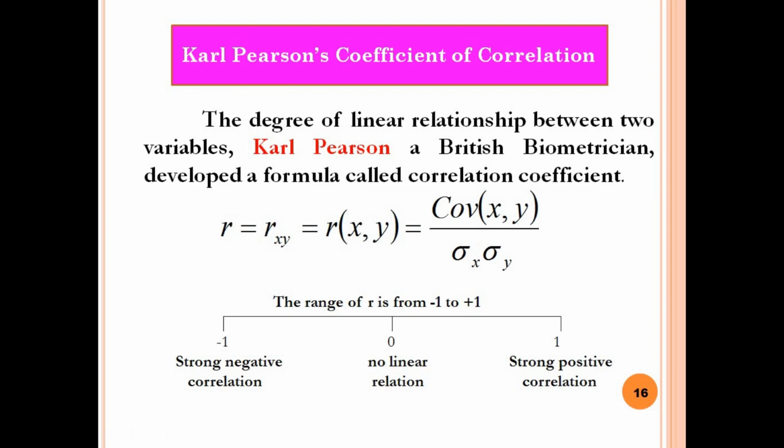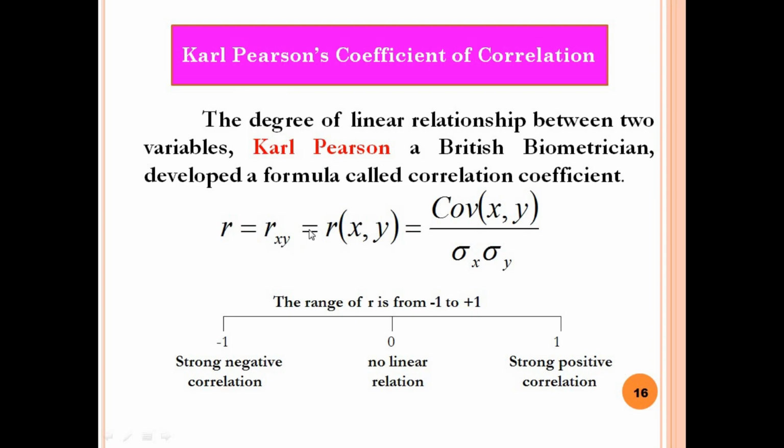Next I am going to explain Karl Pearson's coefficient of correlation. For the degree of linear relationship between two variables, Karl Pearson, who was a British biometrician, developed a formula which is called the correlation coefficient. The correlation coefficient is denoted by small r, which we can write as rxy, for two variables x and y.